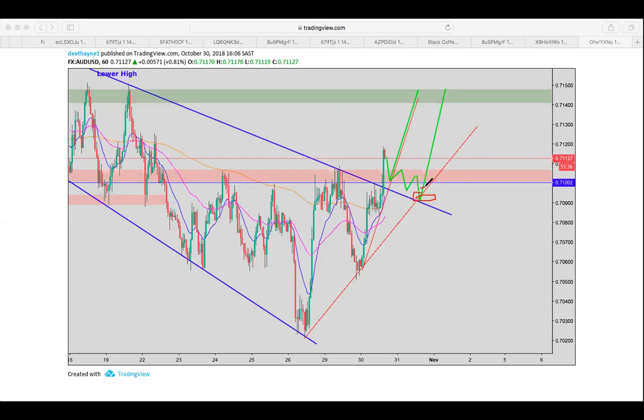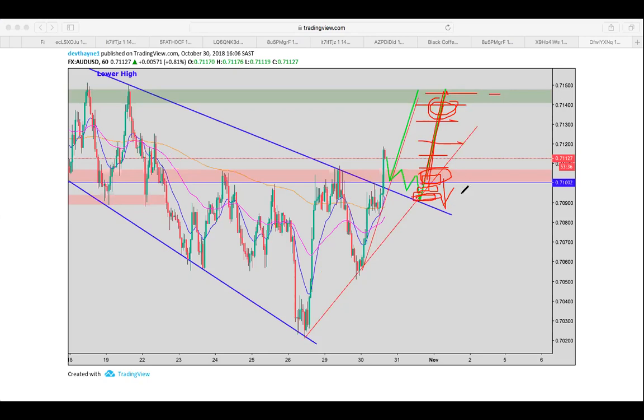Second setup, a much higher lot size. Third setup, huge lot size. The third setup is short term. I'd close my third, my big lot size, in and out intraday. Second lot, I would assess and also close intraday. First lot, I'll keep open, and that's where I would set stop loss to TP and just let it run.